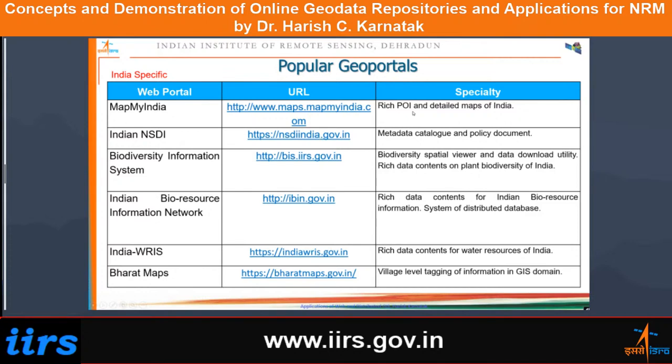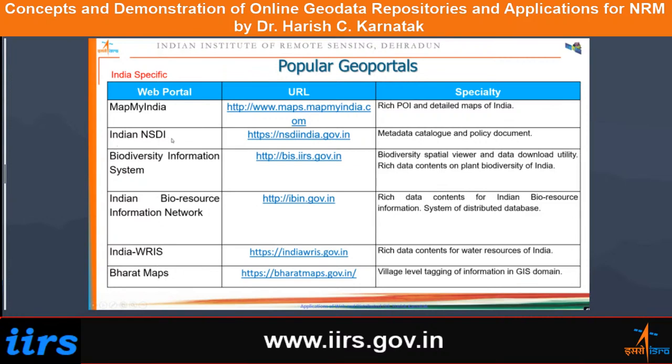They provide rich point of interest or POI data and detailed maps of India. And we have seen in the last 2-3 years, they are very active in updating these maps by using satellite imageries, ground surveys, and some other techniques. I strongly recommend users to explore this website to get good quality maps of India.